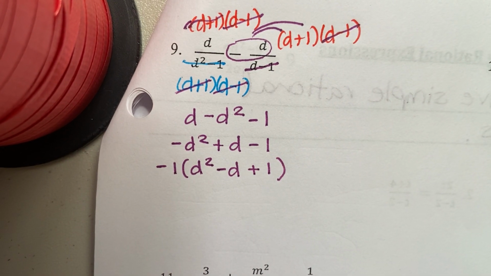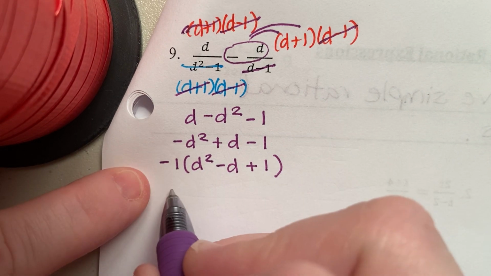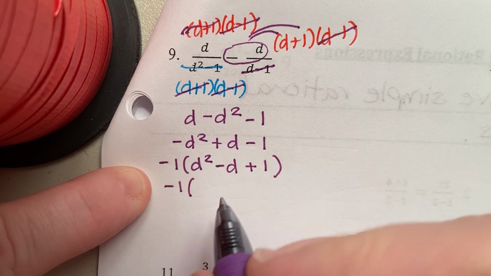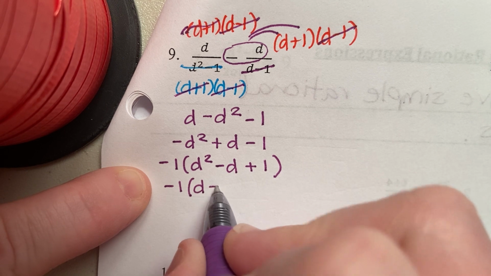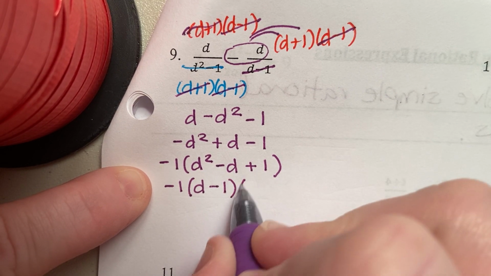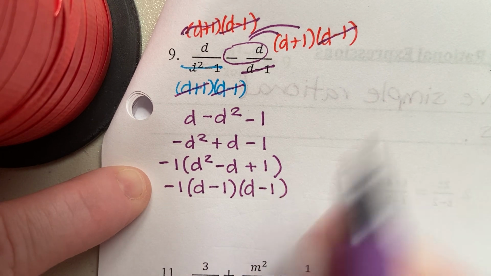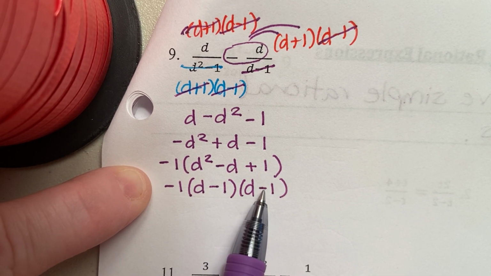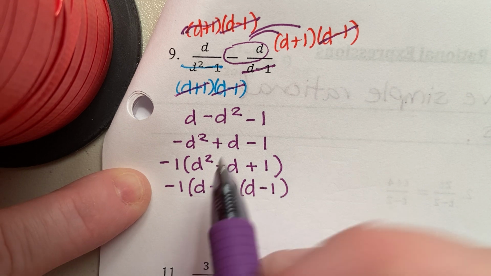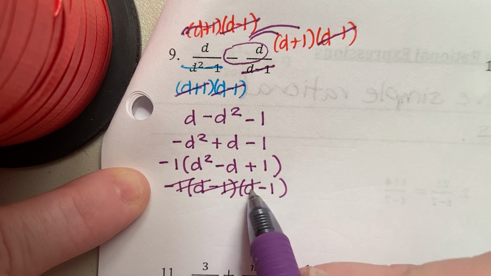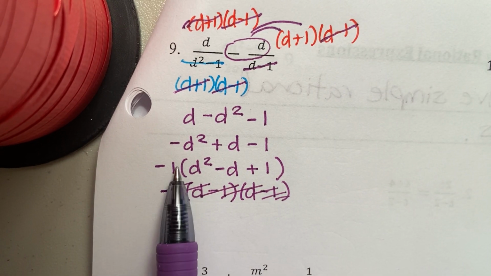Now I still have to continue to factor that, so I'm going to keep my minus 1, and I'm going to have a d minus 1 and a d minus 1. Let's see, nope, none of that works, right? So that actually does not factor. So I'm going to cross that out because that doesn't even work. All right, but this part is okay.